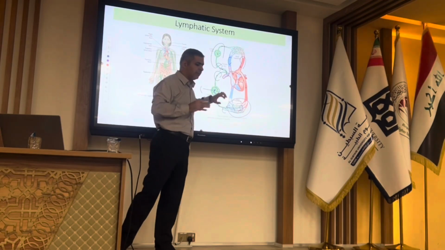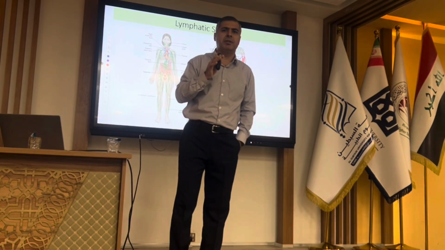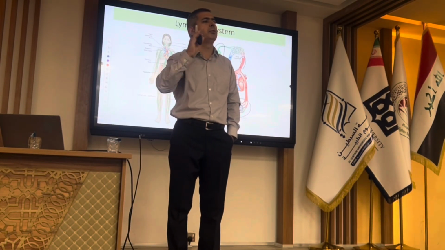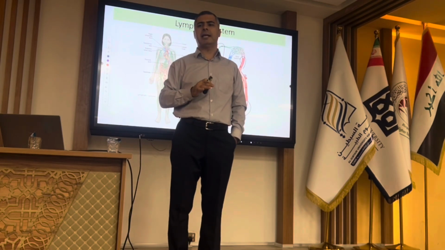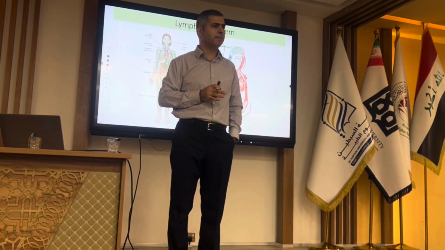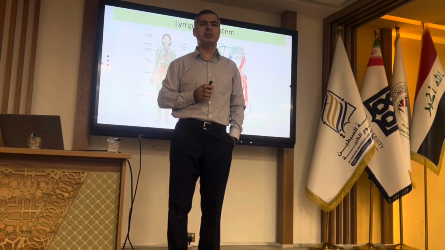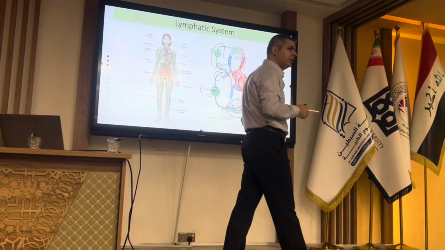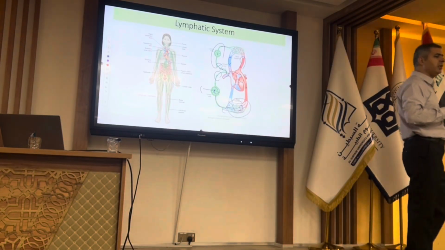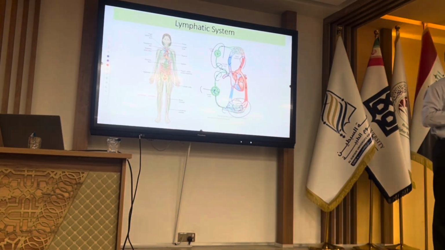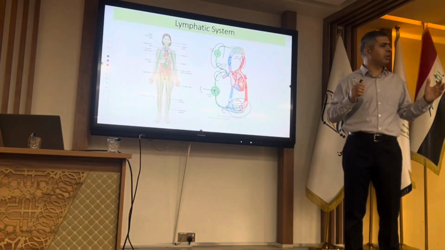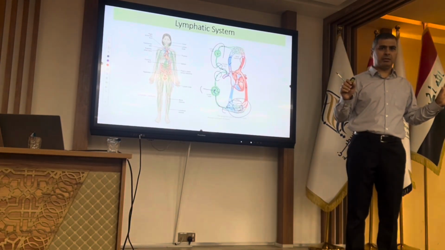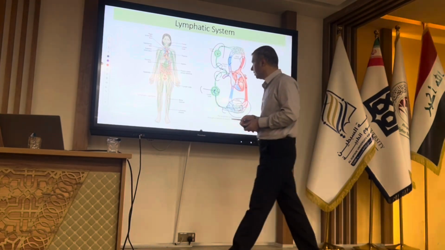The composition of lymphatic fluid is very similar to plasma, with some leukocytes inside it as well. Clear? No question? Do you know what lymphatic fluid is? Yes. Do you know why we need lymphatic fluid? Yes. Do you know how the immune system checks the presence of antigen inside the tissue? Okay? No question?